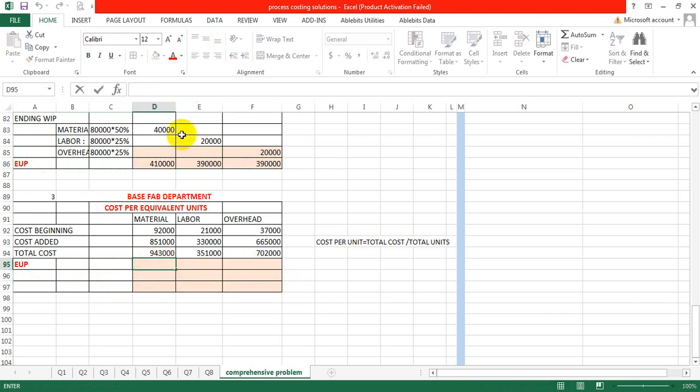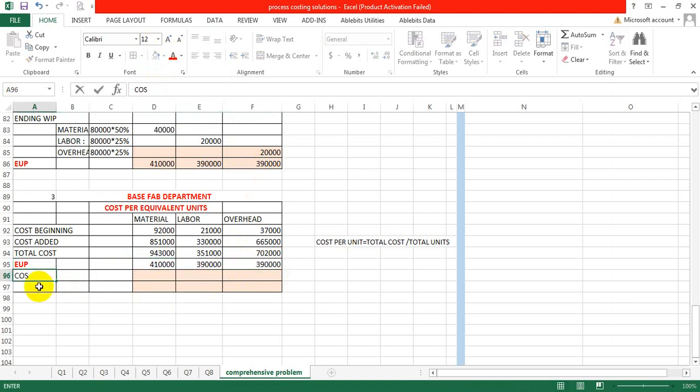Cost is there and my EUP is there. So my per unit cost will be... how will we calculate cost per unit?